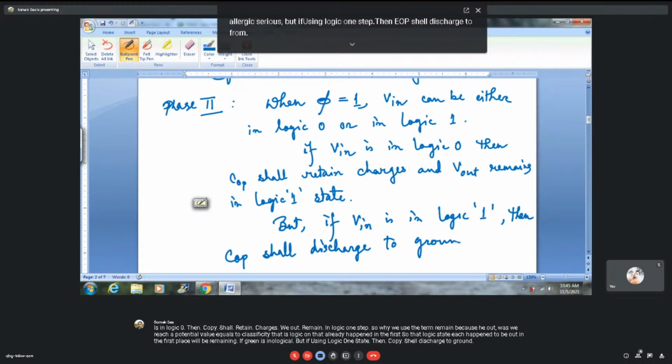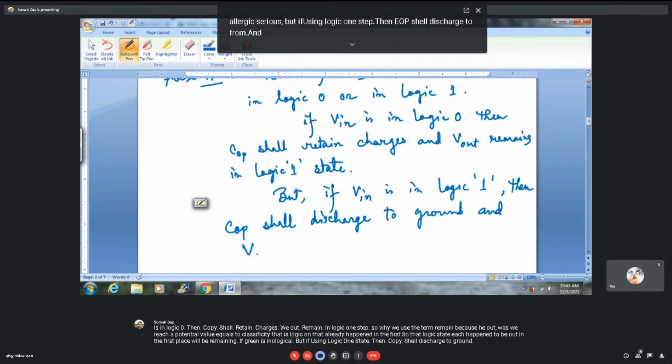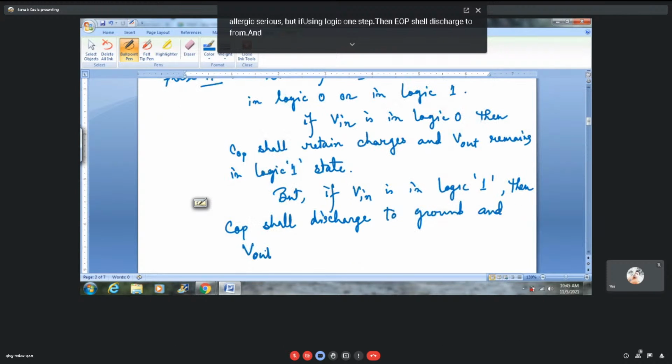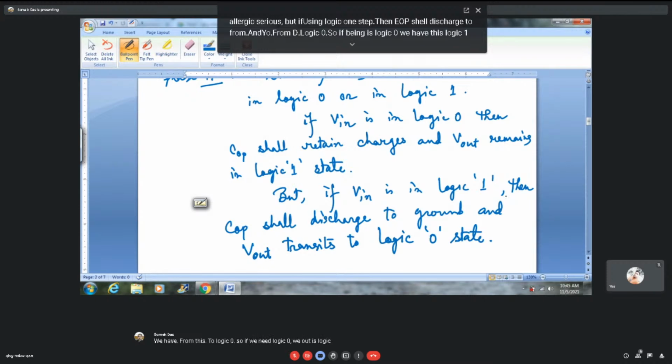And Vout transits to logic 0 state. So if Vin is logic 0, Vout is logic 1. If Vin is logic 1, Vout is logic 0.